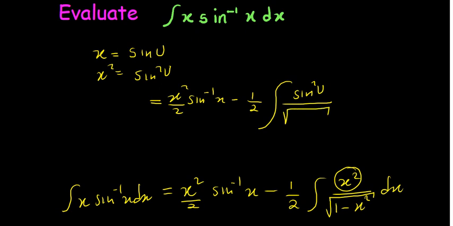And where there is, this is also x squared, I'll put sine squared. So that is going to be square root of 1 minus sine squared of u. Okay, and then now we have got dx.